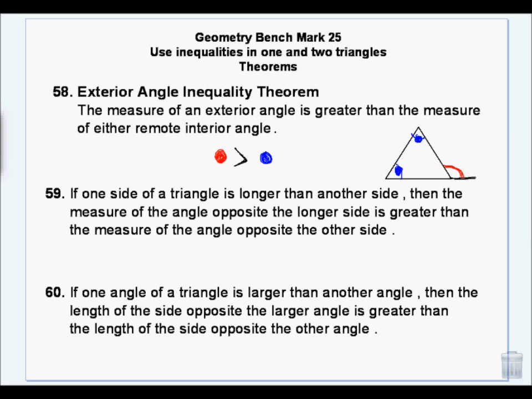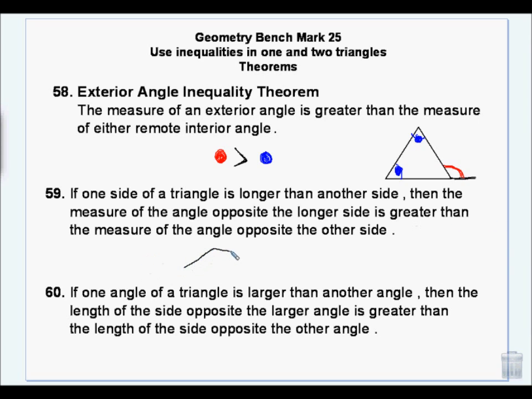Okay. We have another one that says if one side of a triangle is longer than another side, then the measure of the angle opposite the longer side is greater than the measure of the angle opposite the other side.